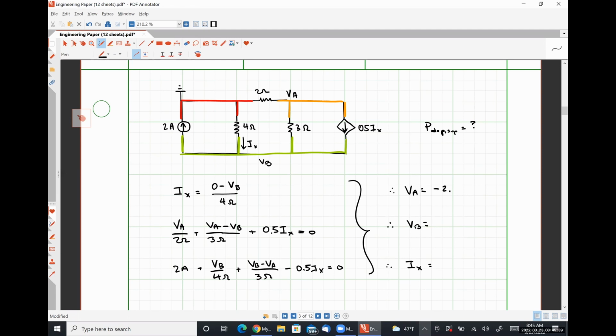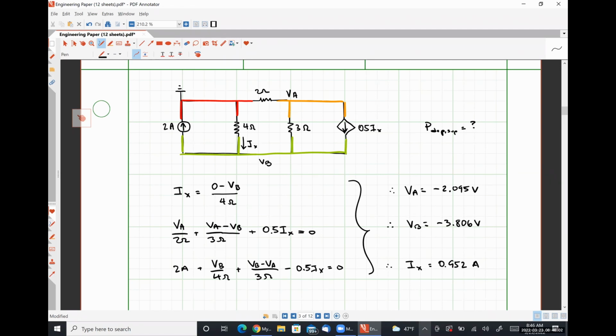So if I punch this into my calculator correctly, I got negative 2.095, negative 3.806, and 0.95 amps.